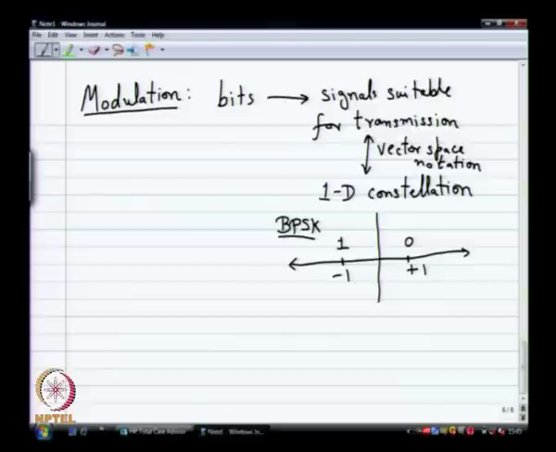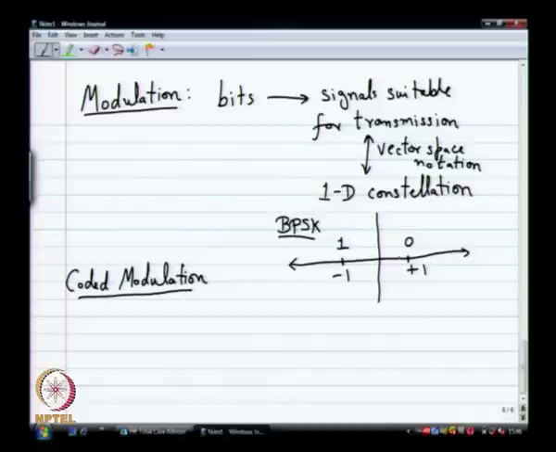So what does our encoder now look like? Coded modulation. In fact we will not even look at really complicated ways of doing coded modulation. There are ways of integrating the coding with the constellation, etc. We will not look at all of that.